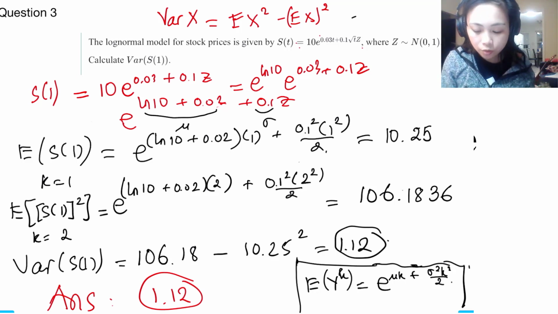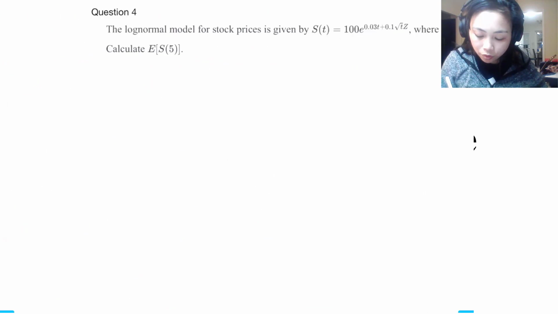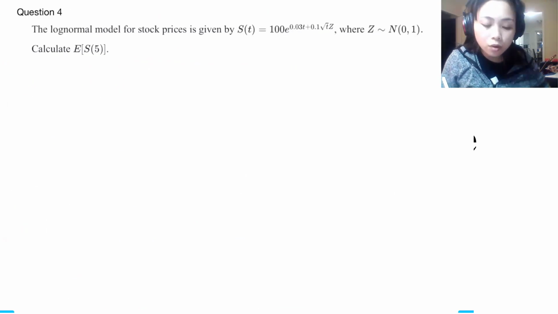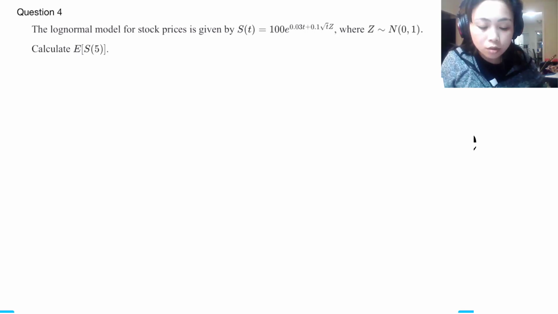The log normal model for stock prices is given by this formula, where z follows standard normal distribution. Calculate expected value of S of 5. So for this one, we are going to use the formula that E of S of t is equal to S of 0 e to the alpha minus delta times t.